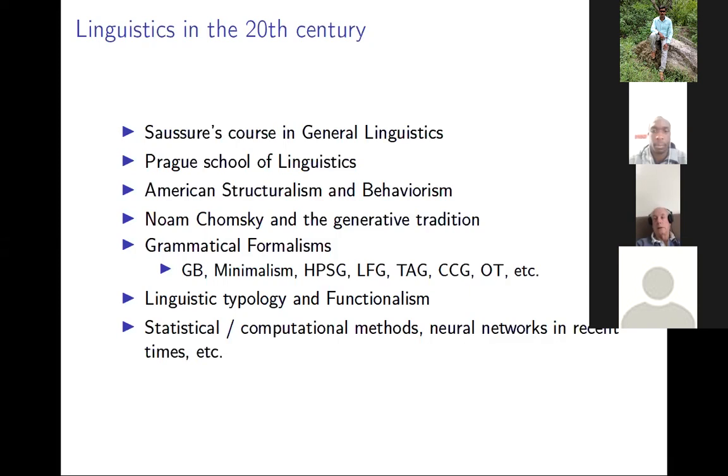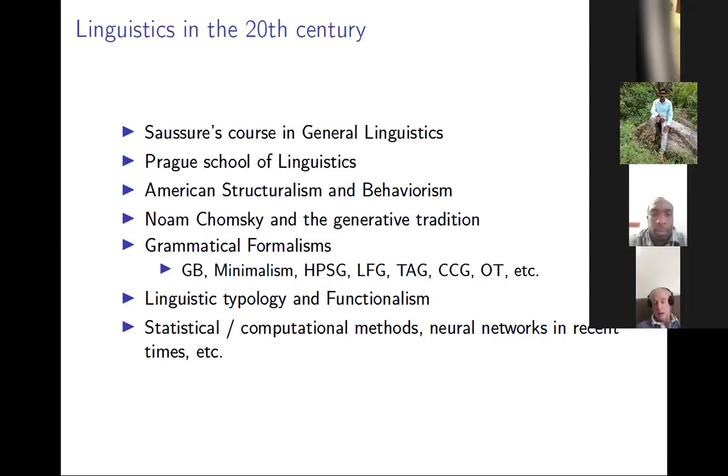He said that humans are born with an innate language faculty, and that innate language faculty is hardwired with a universal grammar, and that universal grammar can account for the grammars of individual languages. This became very, very popular, and in no time it became the mainstream of linguistic theory, of theoretical linguistics.